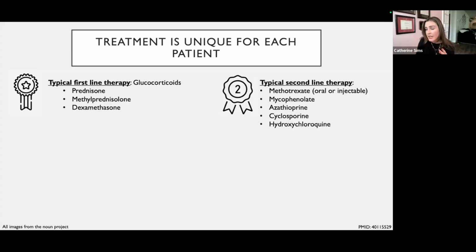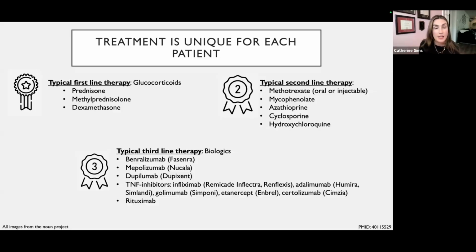So here's a list of some second line therapies. So your doctors may start steroids first, but at the same time start something that's going to be the long-term solution. And that may be something like methotrexate or mycophenolate. These are the generic names. So you may have a trade name that you call it, and that may be why you don't see it here. But we may start with something like methotrexate in a lot of cases.